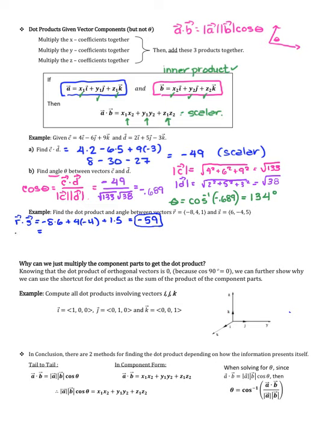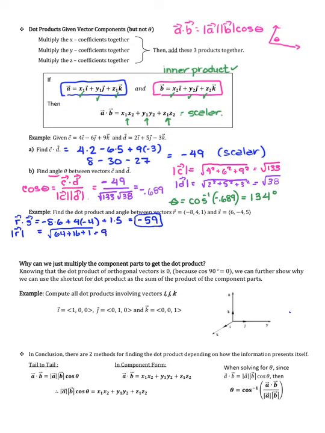But we are also going to want to find the magnitude of each of these, since we're going to keep continuing and find cosine of the angle between them. So this will be 64 plus 16 plus 1, which gives me 81.